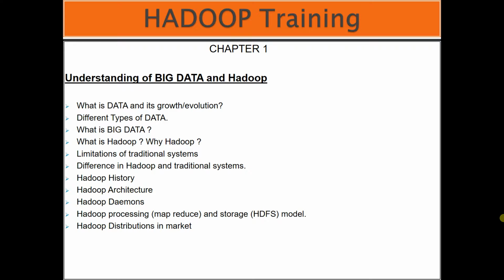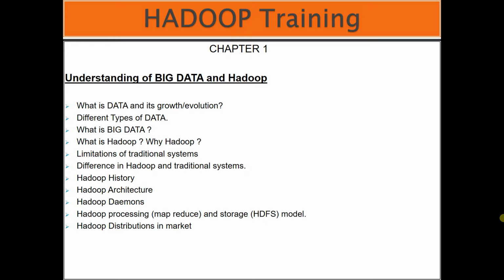Then we'll talk about the two faces of Hadoop. One is the processing model, one is the storage model. We will discuss both models separately in detail. The processing model is the MapReduce model, and the storage model, again distributed, is the Hadoop Distributed File System model.